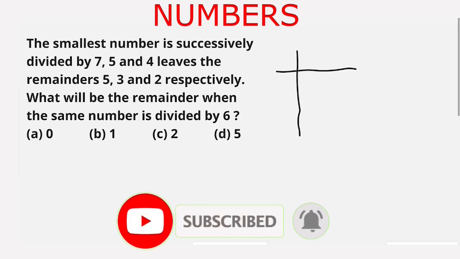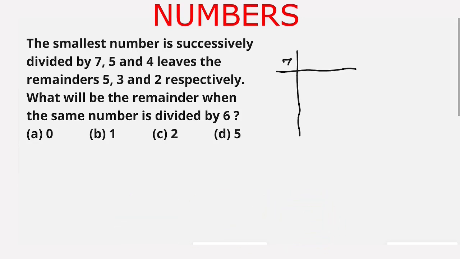The successive divisors given to us are 7, 5 and 4, and the successive remainders are 5, 3 and 2. For the minimum or smallest number, the last quotient must be 0. So 4 times 0 is 0 plus 2 is 2.